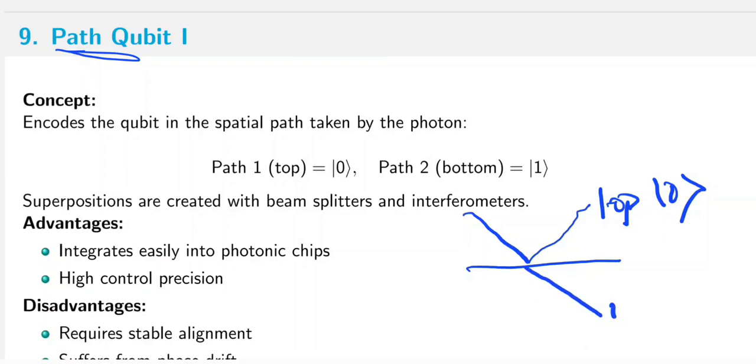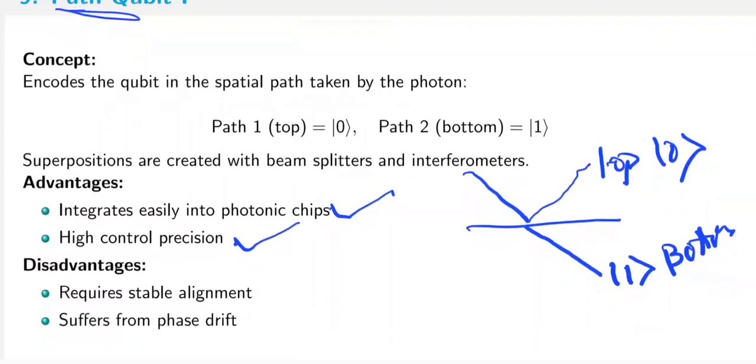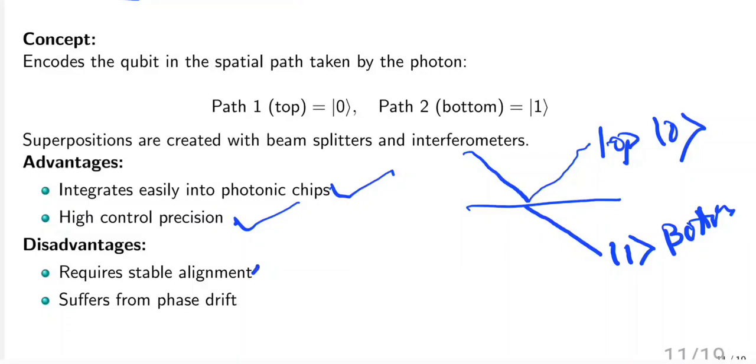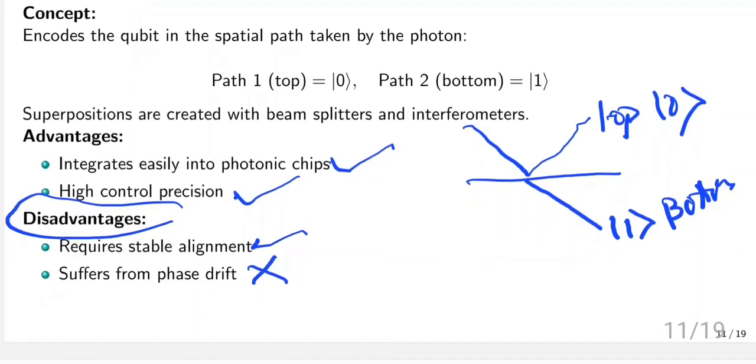If the photon comes down from the beam splitter, we call it Ket 1, the bottom. That is what these beam splitters do, and it integrates easily into photonic chips. High control precision is required and it requires stable alignment, that is the disadvantage, and it suffers from phase drift. That is what you need to remember.